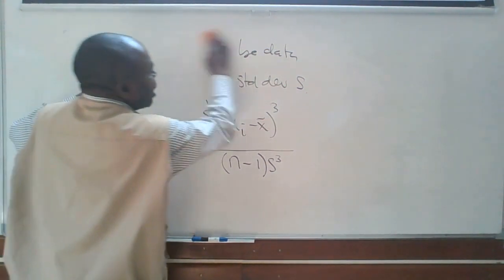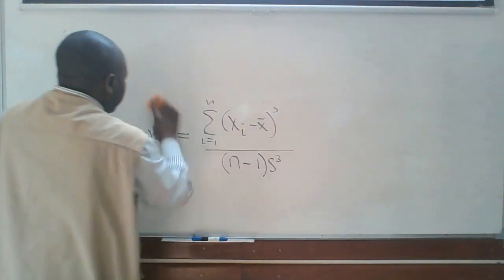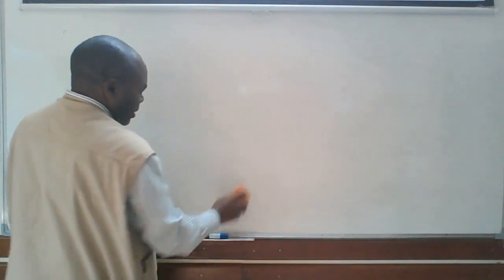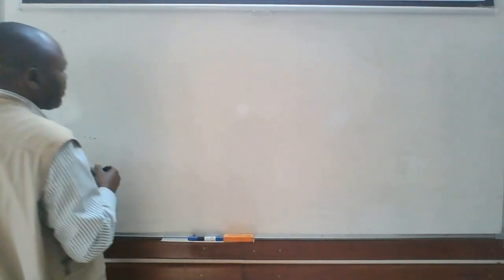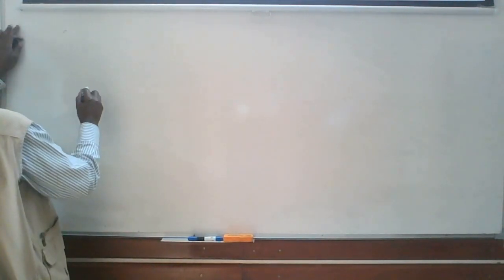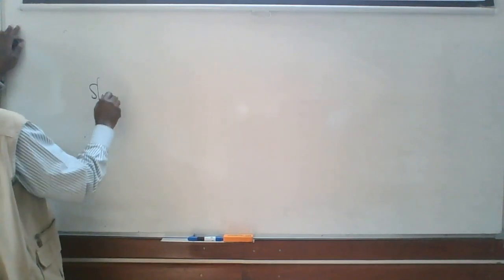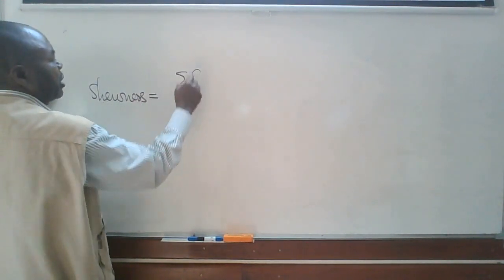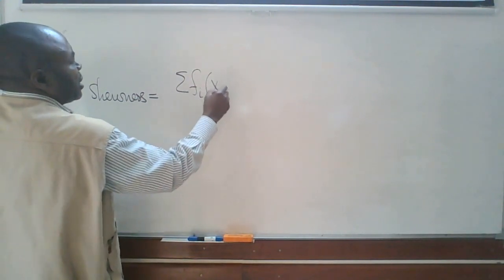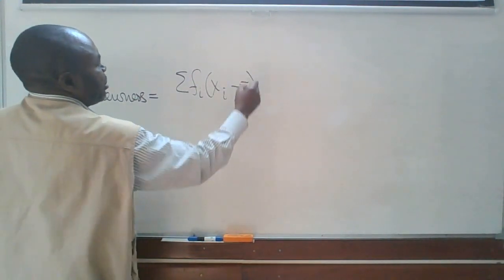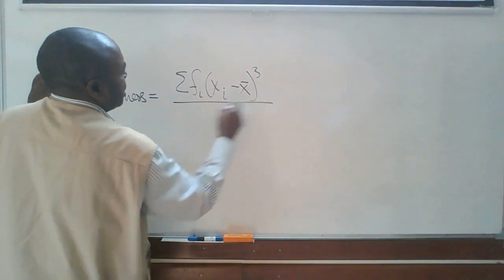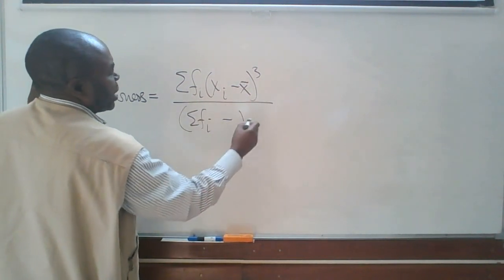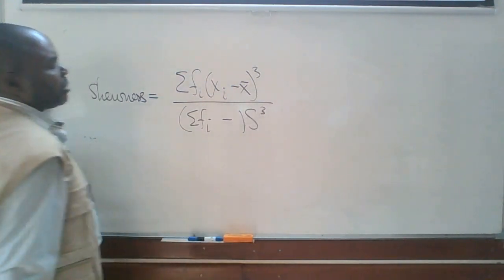If the data occur with frequencies, it's very easy to include these frequencies in here. Then skewness is equal to the summation of frequency fi times xi minus x bar to the power 3, divided by summation fi minus 1 times s to the power 3.